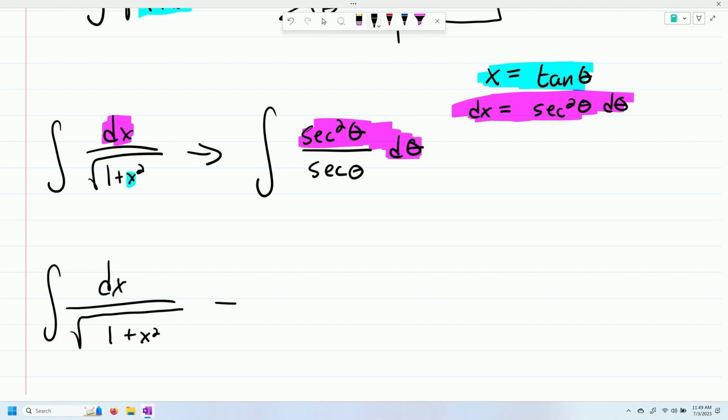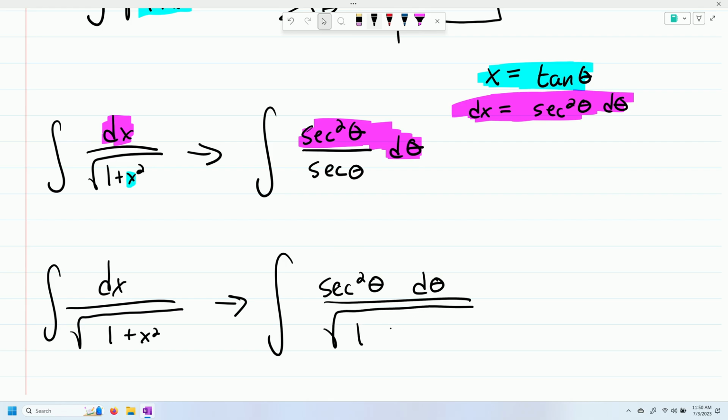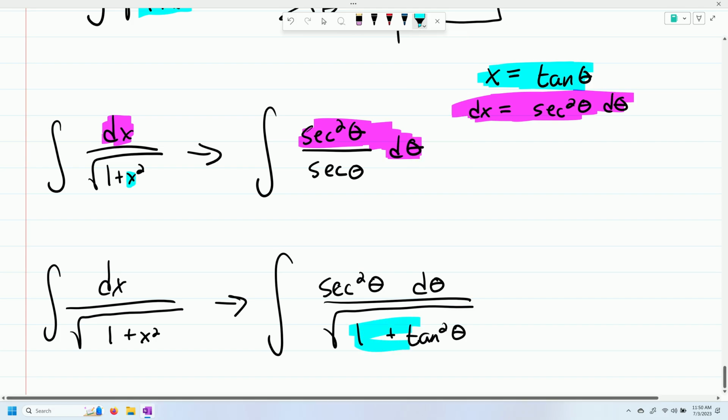So the method on how I did this was, remember, wherever I saw dx, I put secant squared theta d theta over the square root of 1 plus tangent squared theta. And 1 plus tangent squared theta is secant squared theta.